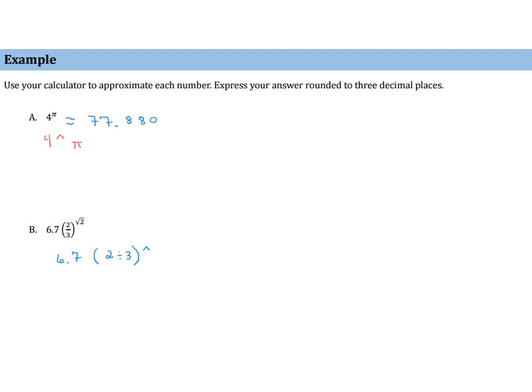And then that caret, and then we will want to use the square root button, 2, and then don't forget to close the parenthesis on that. And so from that, we should obtain 3.7761, and then our rounding rules say that if we want to round to 3 decimal places, the 1 makes the 6 stay. And so there's our answer.